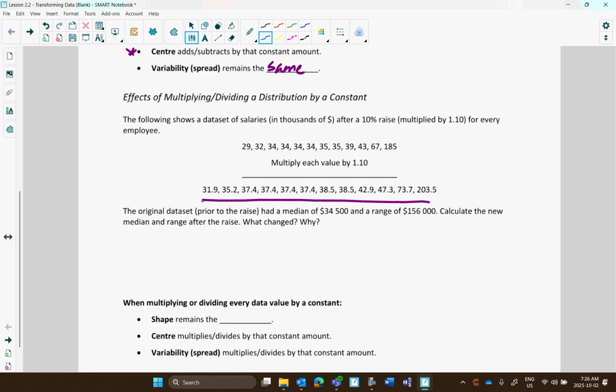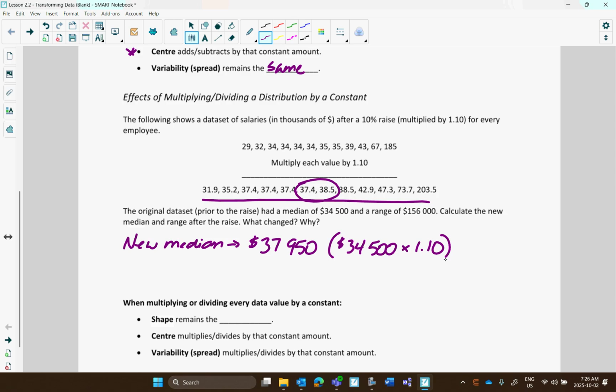If we were to calculate the new median by taking the average of the two numbers in the middle, we would get a new median of $37,950, which is actually the original median, 34,500, times the factor that we multiplied by.